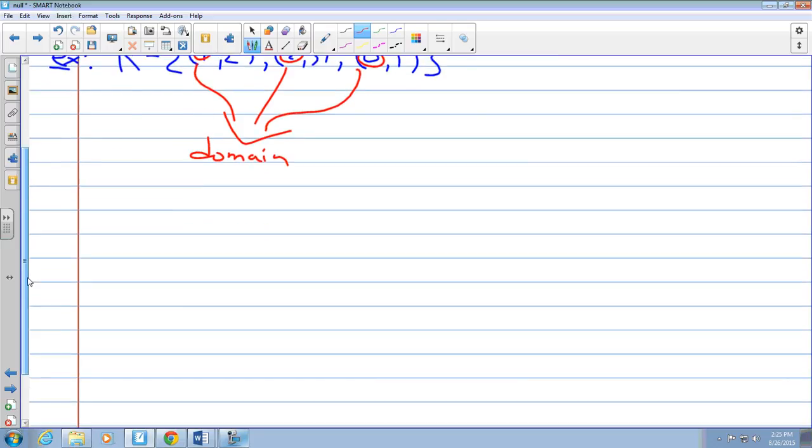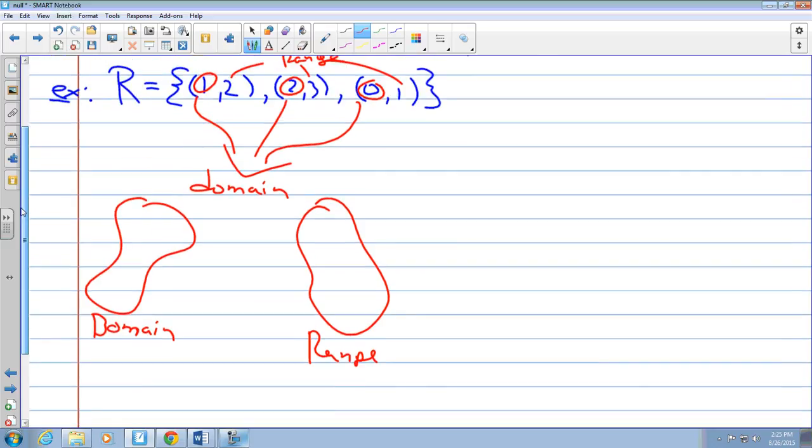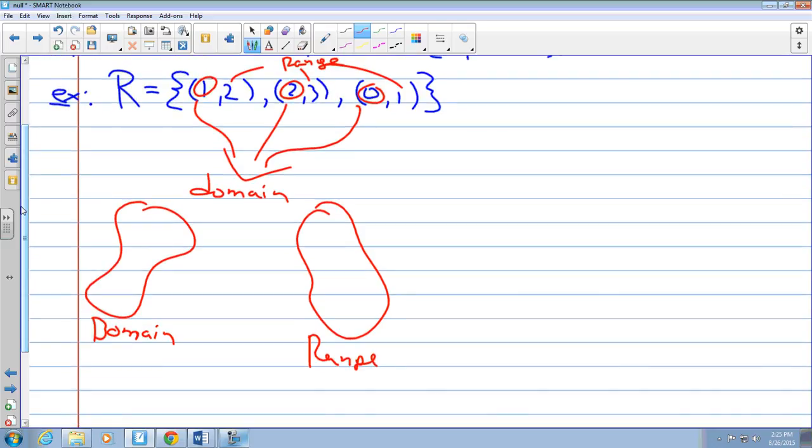So domain is where you're starting, that's the domain, and where you're going is the range. So this particular relation has only 3 elements in its domain, and it has 3 elements in the range.